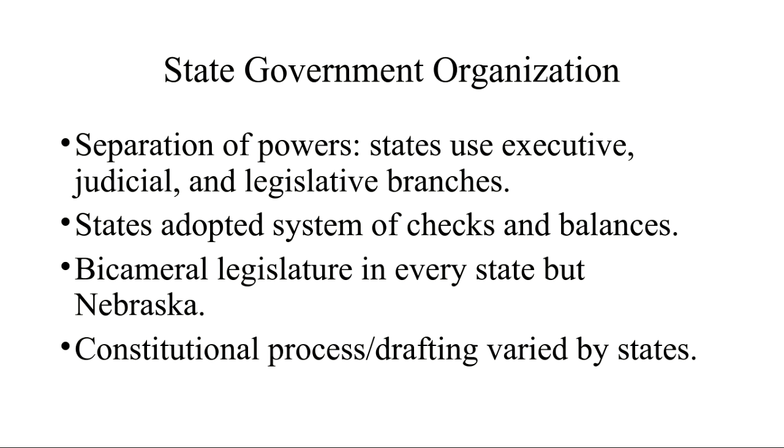Like I was saying, state government is pretty well organized the same way as federal. It just makes it easier to adopt the existing system rather than reinvent the wheel. So states do have separate executive, judicial, and legislative branches. Here in Texas, the state executive branch is the governor. The judicial branch includes all of the state courts, and of course we have our state House and state Senate.